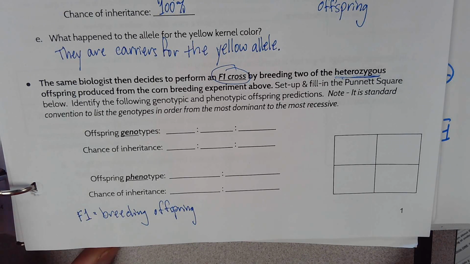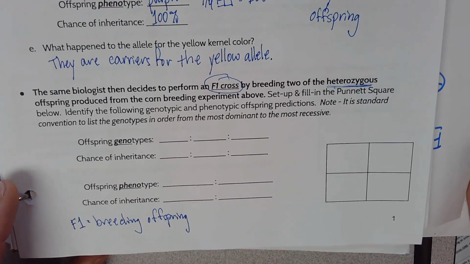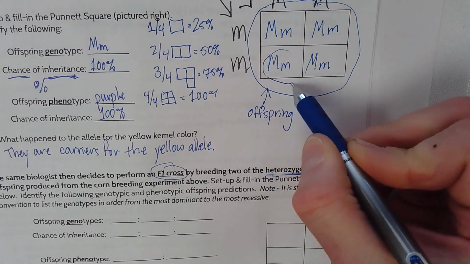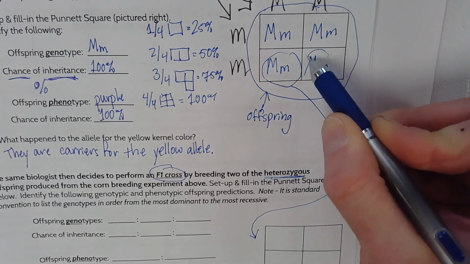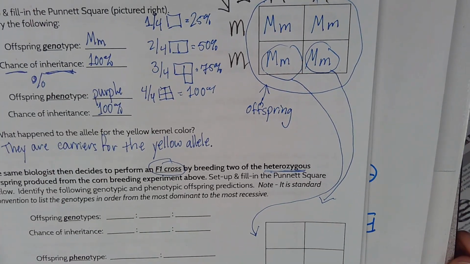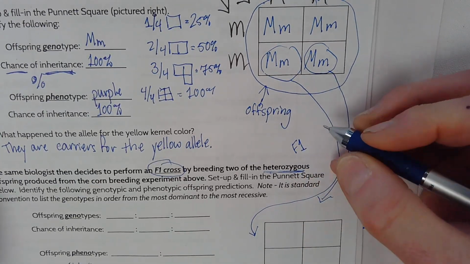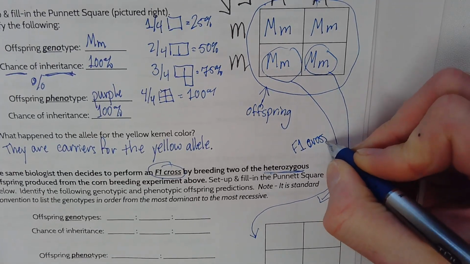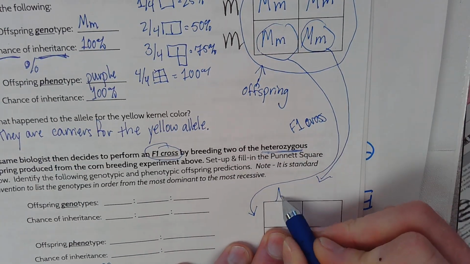I know that they're going to be different alleles. So I am taking one of these offspring and one of these offspring. That's what an F1 cross is. Not like F1 racing. So I'm going to just take that, capital M.